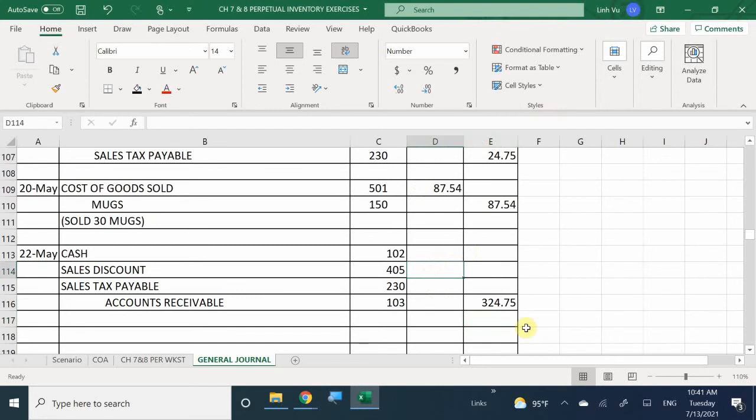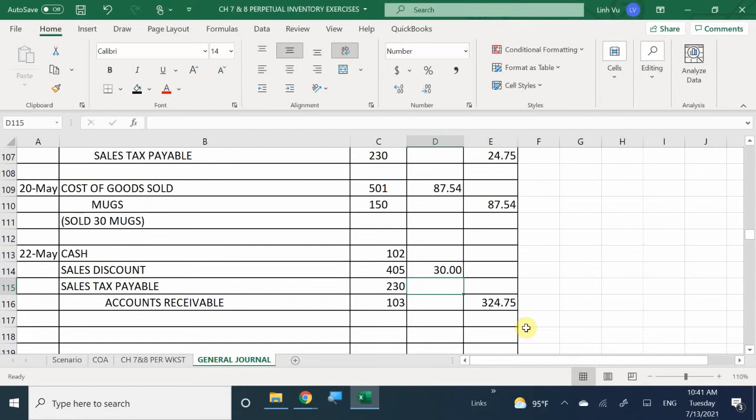And his discount is 10%. 10% of 300 is $30.